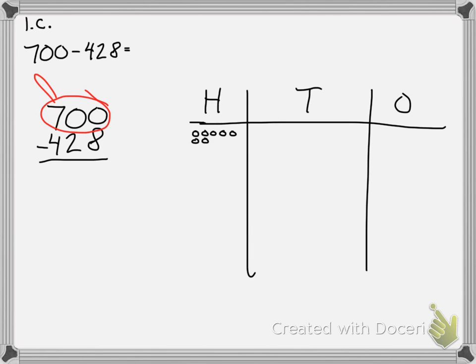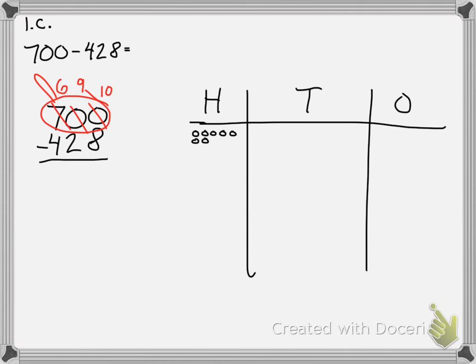Once again, we've got zeros in the ones and tens spot, so I'm going to go ahead and set up my borrowing. Now I'm breaking apart one of those hundreds again. If I have 7 hundreds and I break one apart, unbundle it, I'll end up with 6. And then once again, 9 of those 10s are going into the 10 spot, and one of those 10s is ending up way over here.